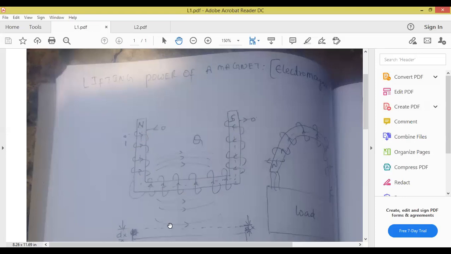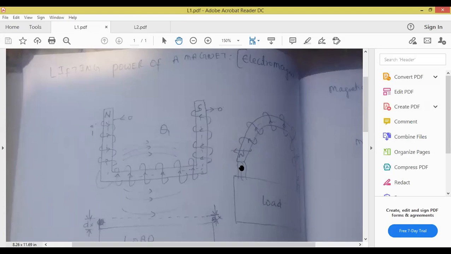It creates the magnetic energy, and these lines explain that magnetic energy is present here. This is also another method of drawing the electromagnet. Here I have taken the shape of a rectangle, and here the shape of an inverted U. You can draw either one, but it is better to go for this one.